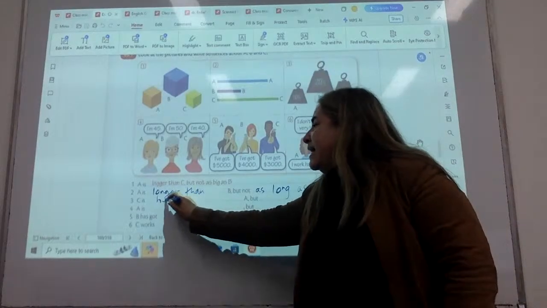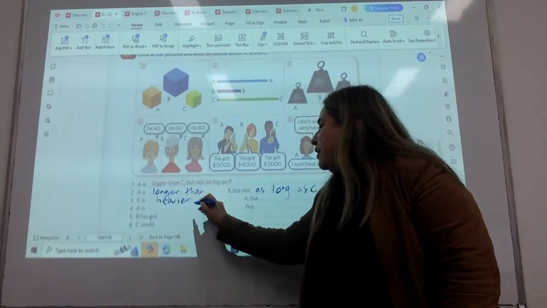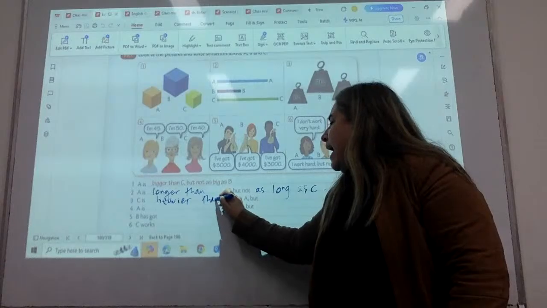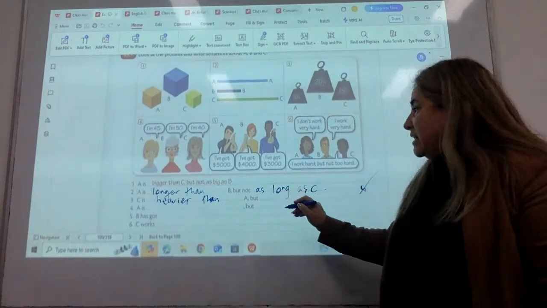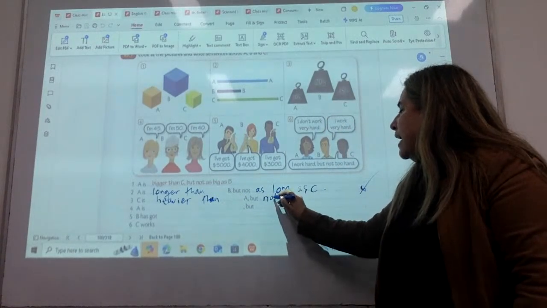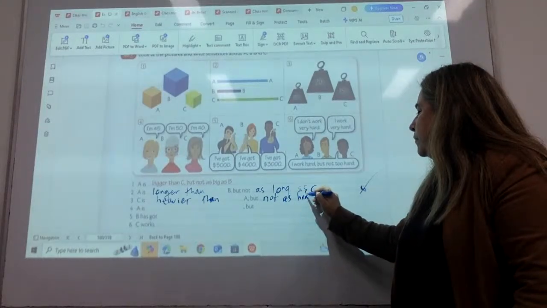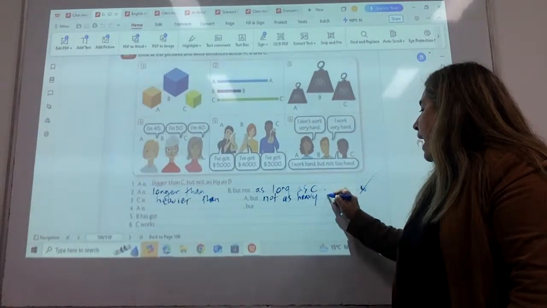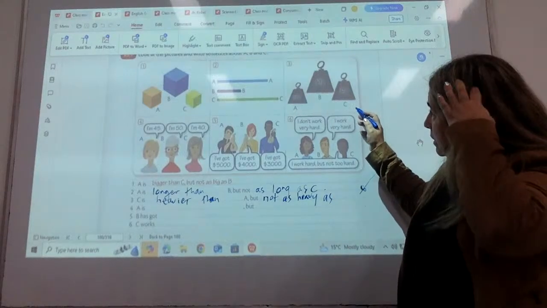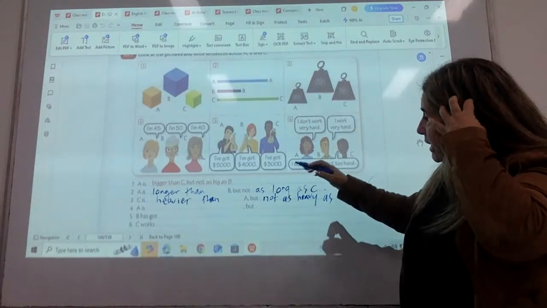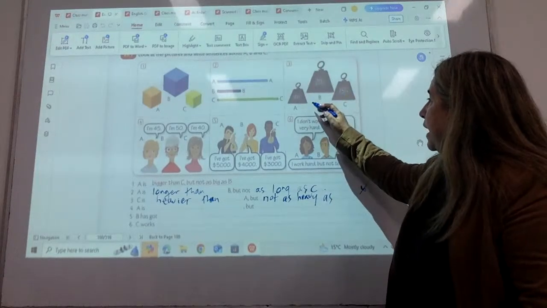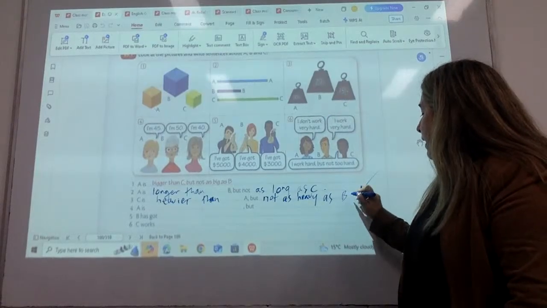So C is heavier than A, but not as heavy as B. C is heavier than A, but not as heavy as B.